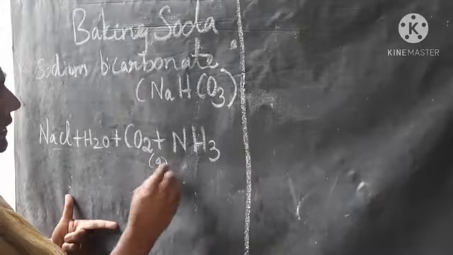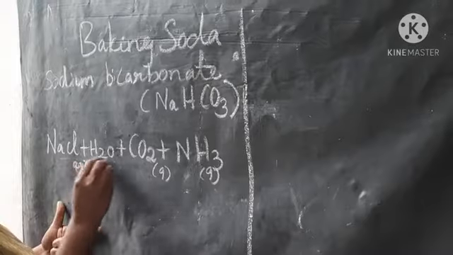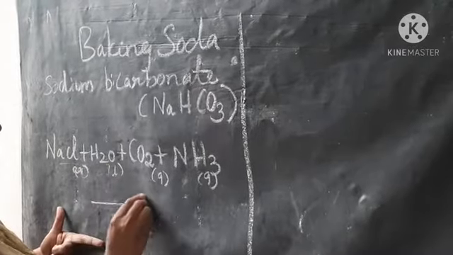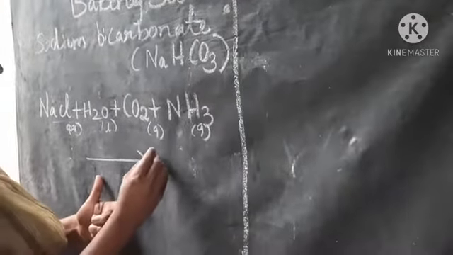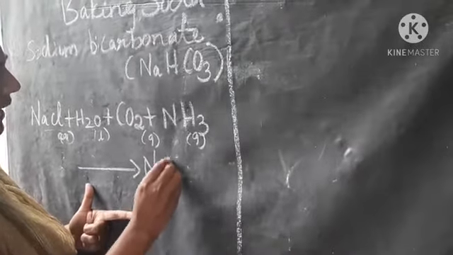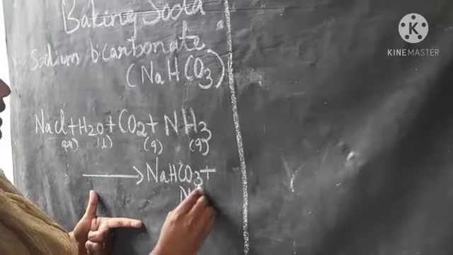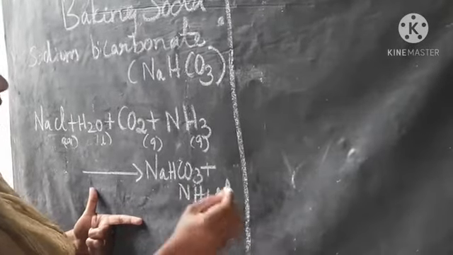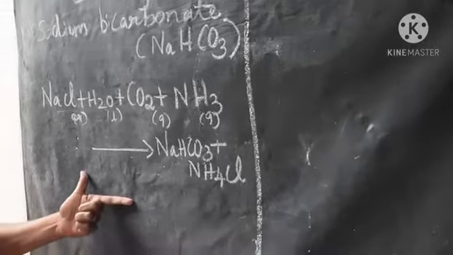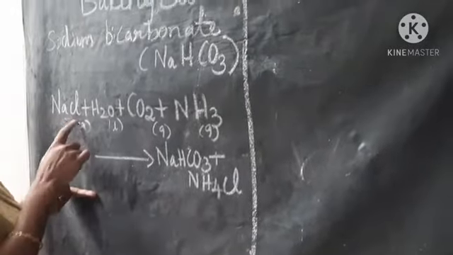These two are in gaseous form, and this is aqueous and this is liquid. What happened? 2 products are formed. One we need, that is NaHCO3, and another one is ammonium chloride. Okay, this is the equation of its preparation.